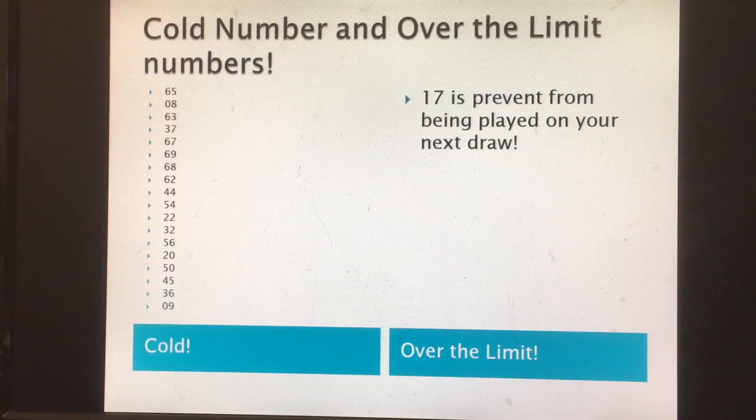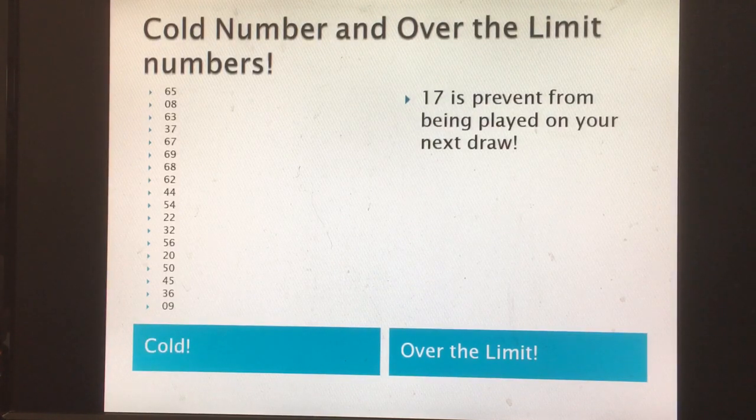Here's my code number list: 65, 8, 63, 37, 67, 69, 68, 62, 44, 54, 22, 32, 56, 20, 50, 45, 36, and 9. They're all core numbers that have existed in the last 20 draws. And those numbers are your main focus.